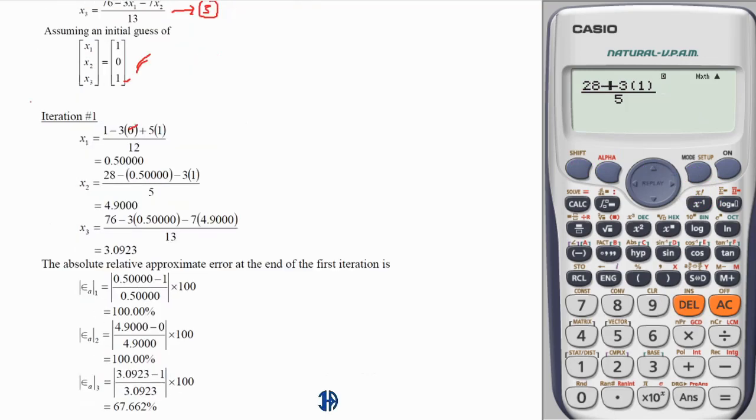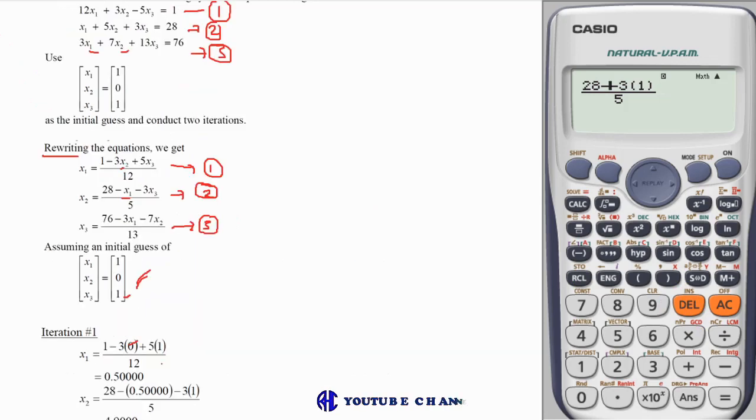Once nakuha na ninyo yung x sub 1, tapos kapag kukunin na ninyo yung x sub 2, instead na yung initial condition ng x sub 1 ang gagamitin ninyo, kapag makuha na ninyo yung second value ng x sub 1, yun na ang gagamitin ninyong pang substitute.